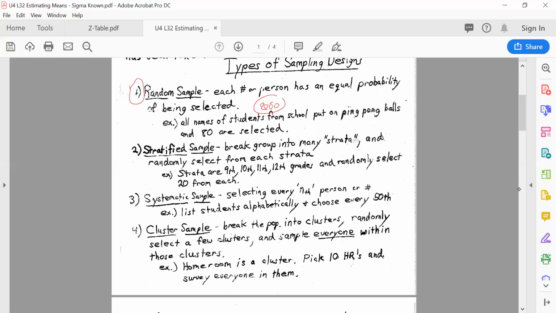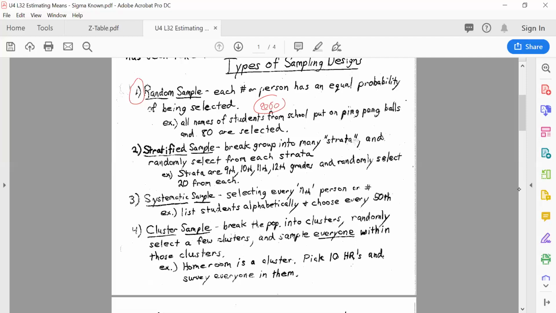However, I don't just want to sample seniors, I want to sample every grade. How could we find this out? We sample maybe 10 freshmen at random, 10 sophomores at random, 10 juniors and 10 seniors. And then we find out what each grade feels about homework. Number 3, systematic sample.